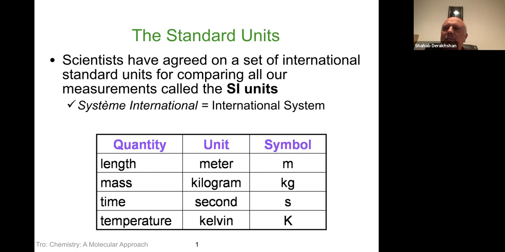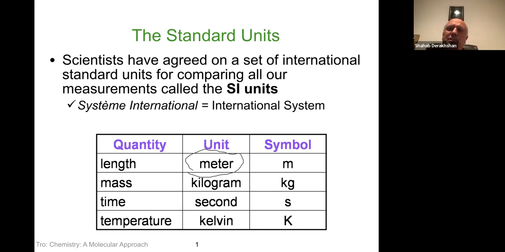So basically, I'm talking about meter here, which is the unit for length, and it's shown by lowercase m. For mass, we are talking about kilogram, and we show it with kg. For time, the unit is second, and we show it with lowercase s.